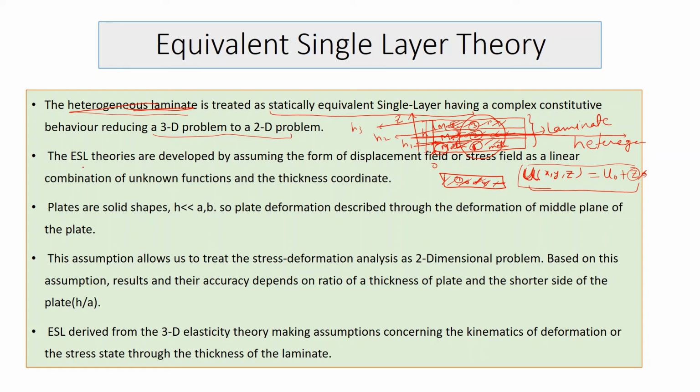The equivalent single layer theories are developed by assuming the form of a displacement field or a stress field as a linear combination of unknown functions and the thickness coordinate. What this means is that if there is any function phi I of x, y, z, this may be the displacement field or it may be any stress field.